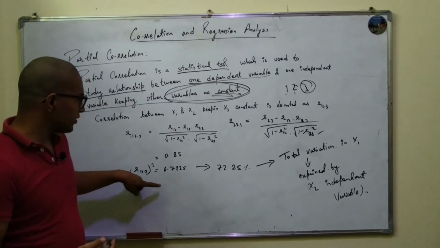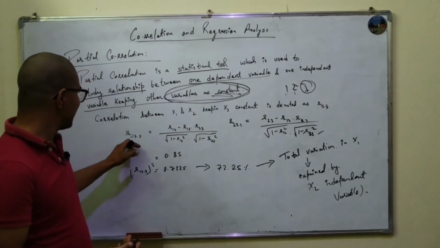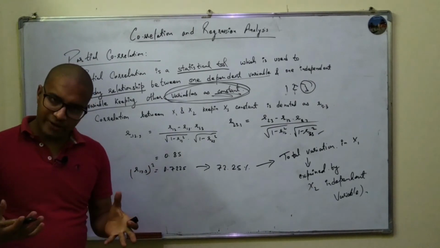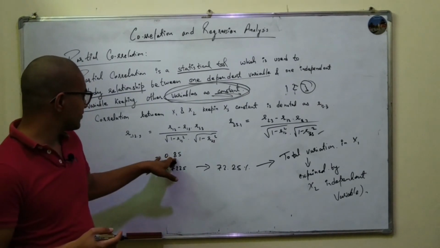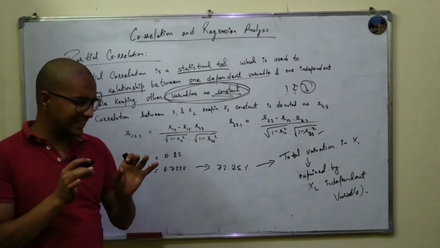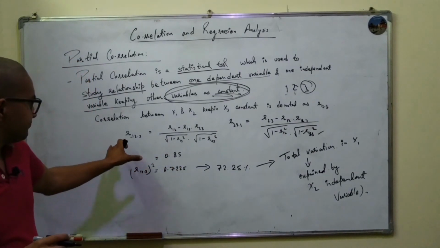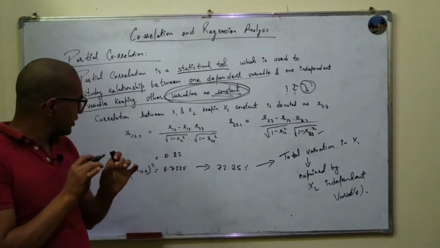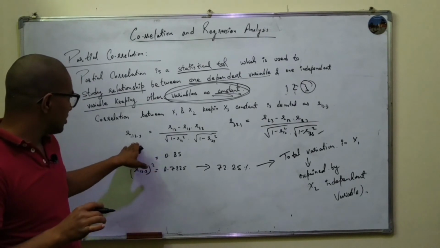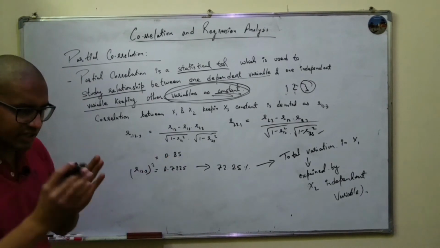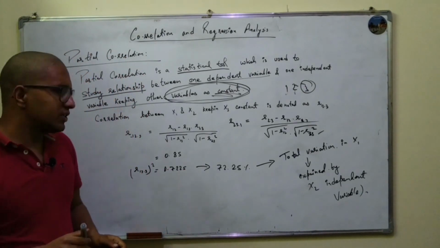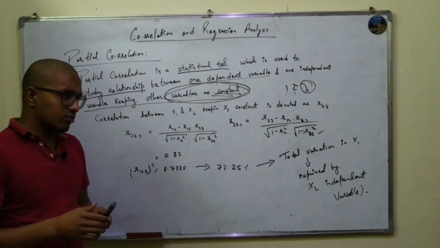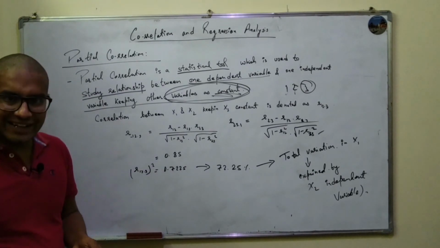Okay, so the coefficient of determination is basically r square, right? So say 0.7225. Suppose your r12.3 is 0.85, that is, a correlation of 0.85 between the first variable and the second variable. If we square it, first of all you get your coefficient.